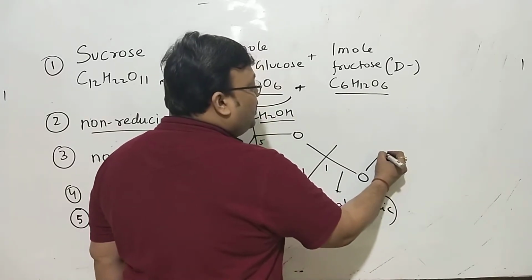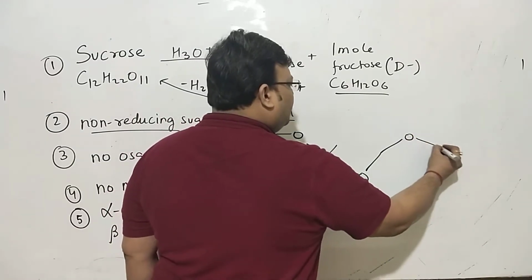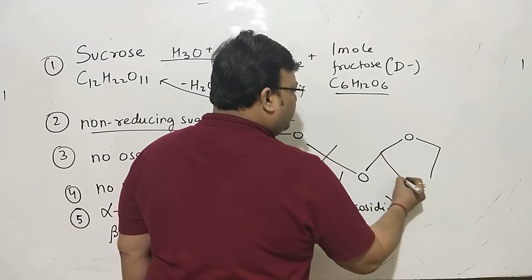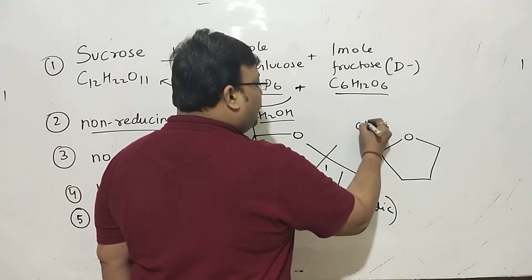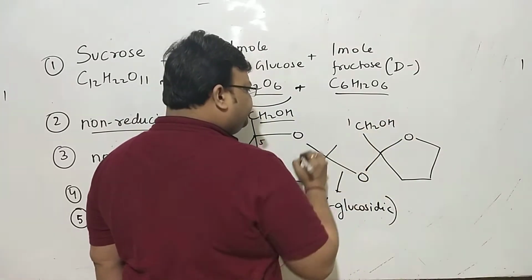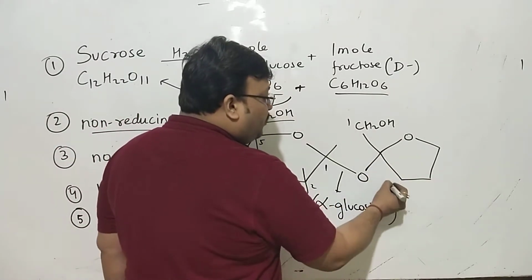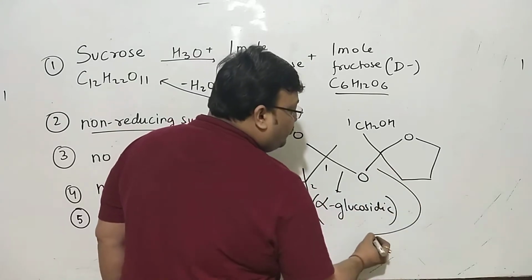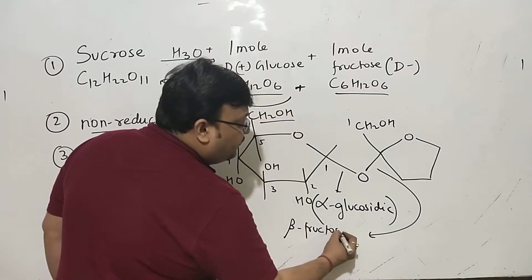So naturally, if I draw it this way, then this might be carbon 1. And what I need to keep in mind is, at this anomeric carbon, because I have to make it beta fructosidic, please listen very carefully.